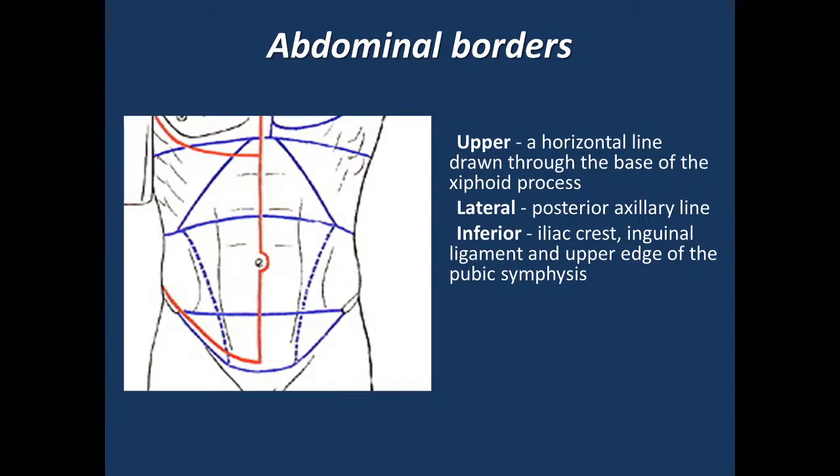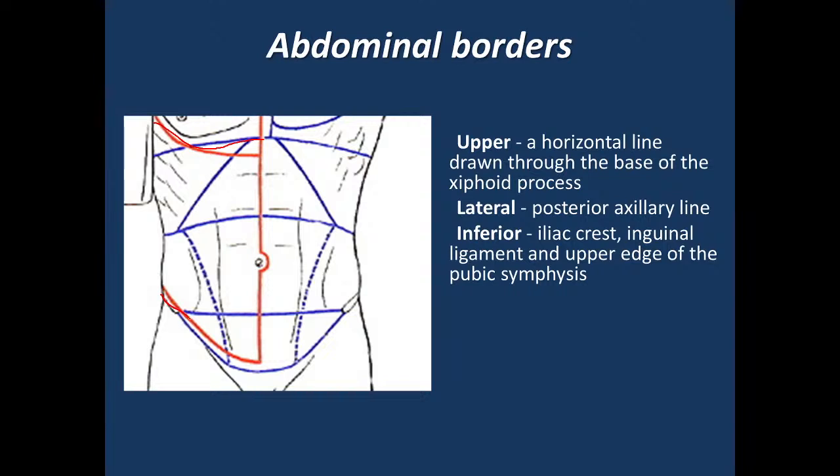The upper border here is the horizontal line through the xiphoid process. As you remember, it is the inferior border of the chest, but the superior border of the abdominal area.